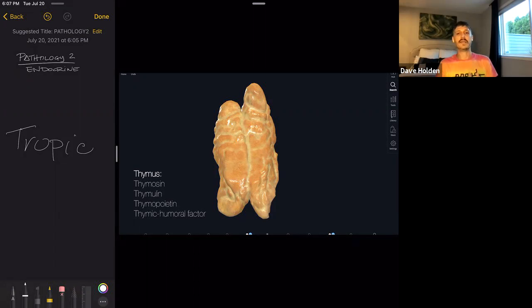The thymus is an important site for immune cell maturation. It also releases several key hormones: thymosin, thymopoietin. Thymosin is the only one that we are really concerned with. Again, I do not need you to know all of these different hormones. This is just a review. There will be another slide that tells you the hormones that you need to know. So just take a breath.